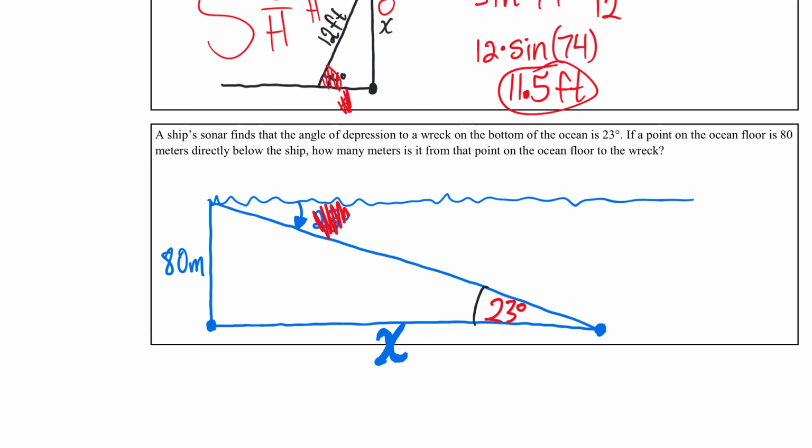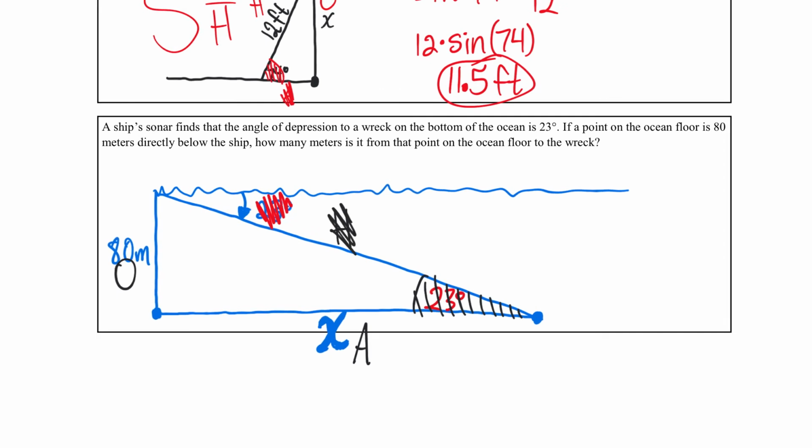All right, so now where's the H? Okay, the blank one, where's the A? It's the X, and where's the O? 80. So on this one, I don't need the H, so O and A, tangent.